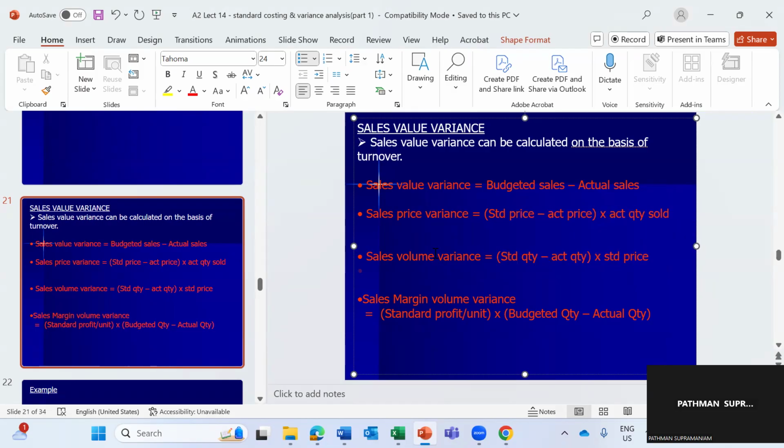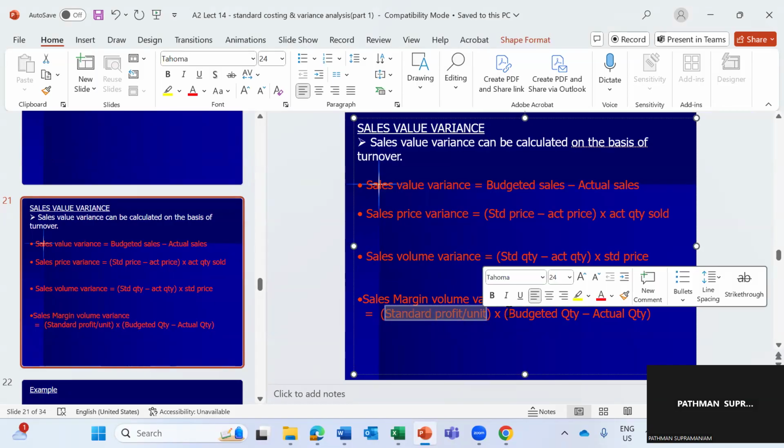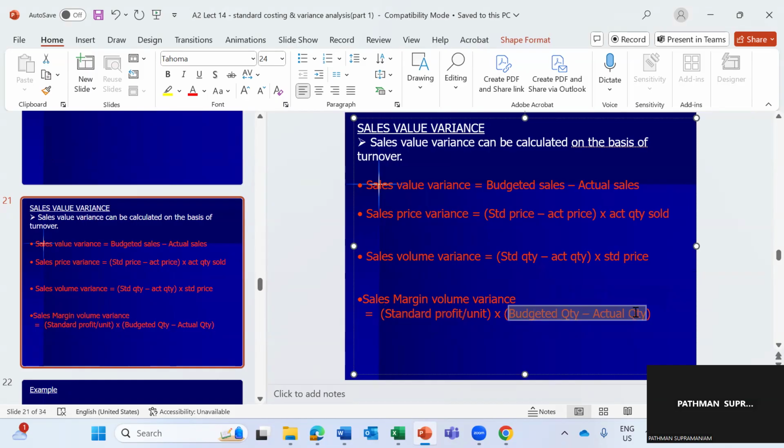Now you need to be very careful with volume, because there are two formulas for volume, one of which I just talked about, and one is called sales margin volume variance. Of late, most of the exam questions tend to ask you this one, and very little of the other. The sales margin volume variance formula is standard profit per unit times budgeted quantity minus actual quantity.